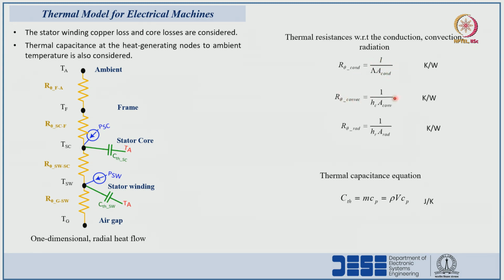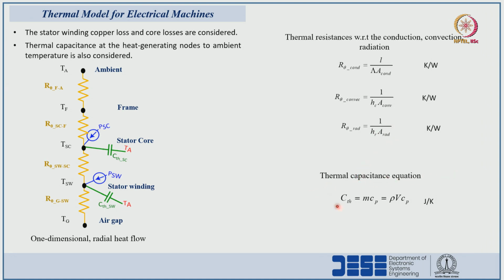Thermal resistance for the convective manner is 1 by Hc times A, where Hc is the thermal convective coefficient and A is the area with respect to the convective heat flow. In the same fashion for radiation, 1 by HR, where HR represents the thermal radiative coefficient, and AR represents the area with respect to the radiative heat transfer method.